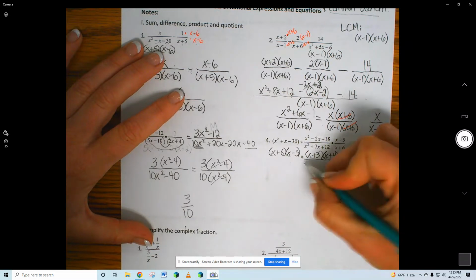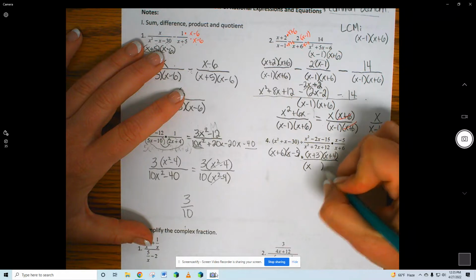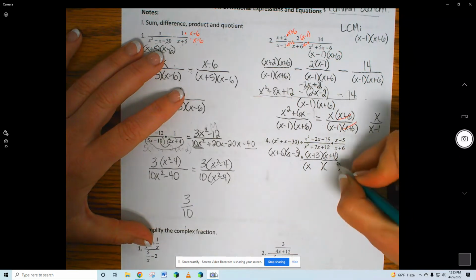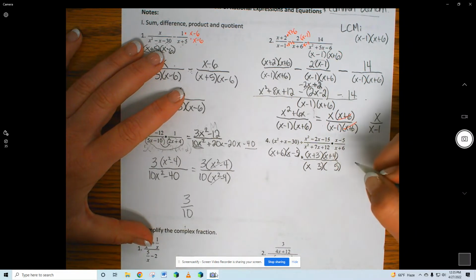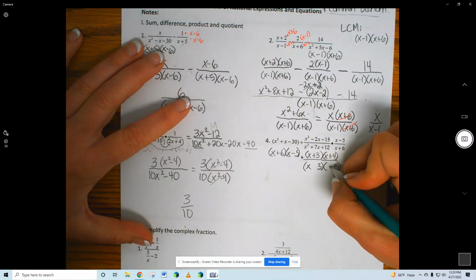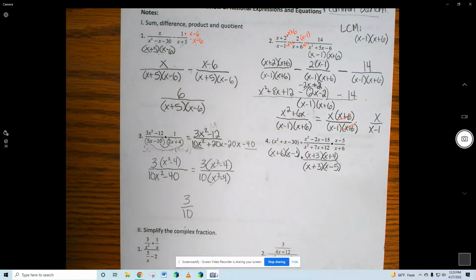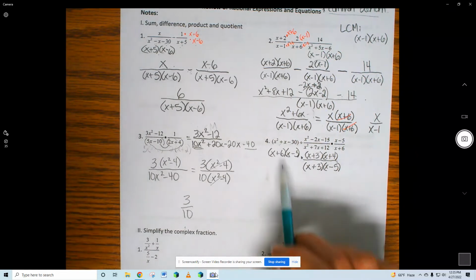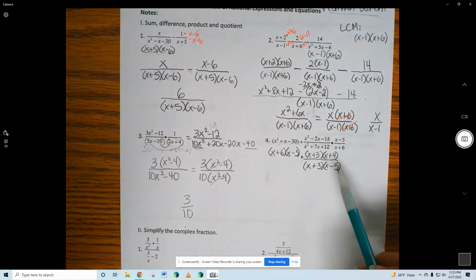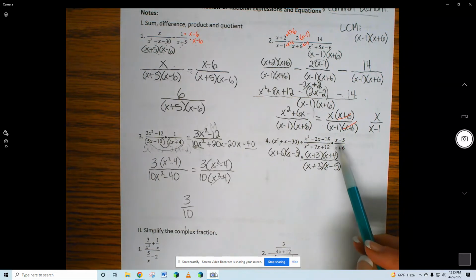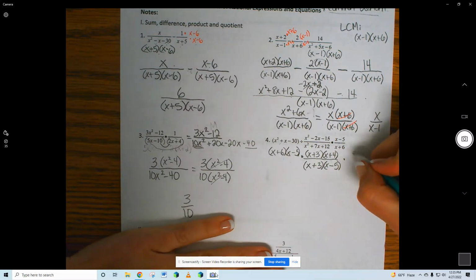In the denominator, I'm going to do the x squared minus 2x minus 15. Okay. First one I factored. Second one I flipped and factored. Third one stays as is.